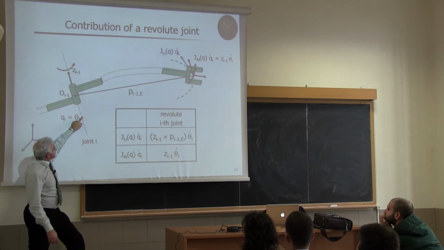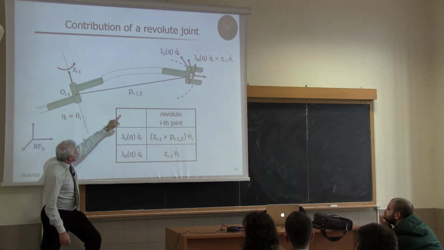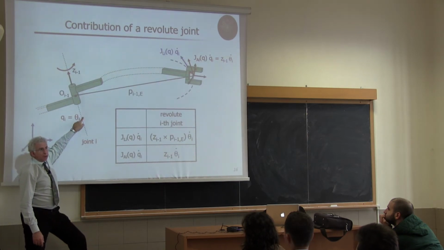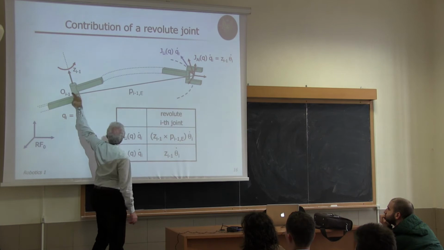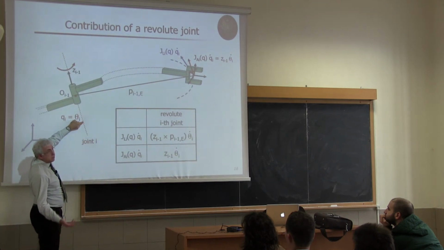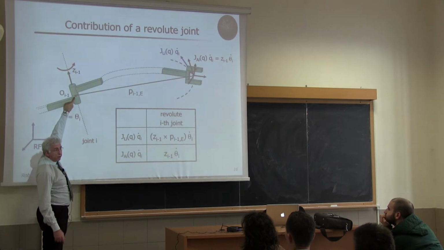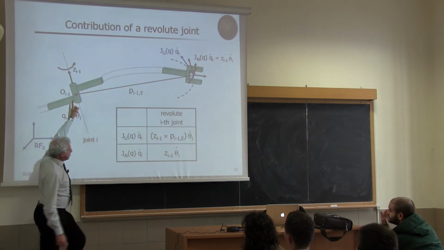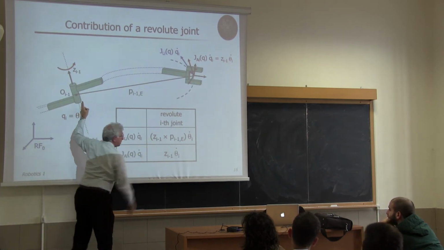So why can I replace the vector going from here to there with this vector going from the origins of I minus 1 to E? What is the difference between these two vectors? Between this vector going from here to there and from here to there. The difference is a vector going from this minimum distance point to the origin of I minus 1. Now this vector is aligned with like Zi minus 1. So in this vector product, it just disappears.